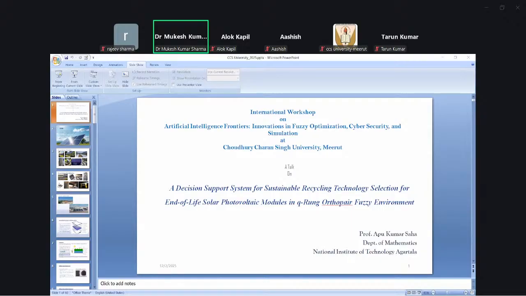Then somebody can give another name to the power 4, or to the power 5. So now it is the Q-rung orthopair fuzzy set. Our theory, this model, is based on the Q-rung orthopair fuzzy set, that is, membership power Q plus non-membership power Q is less than or equal to 1.